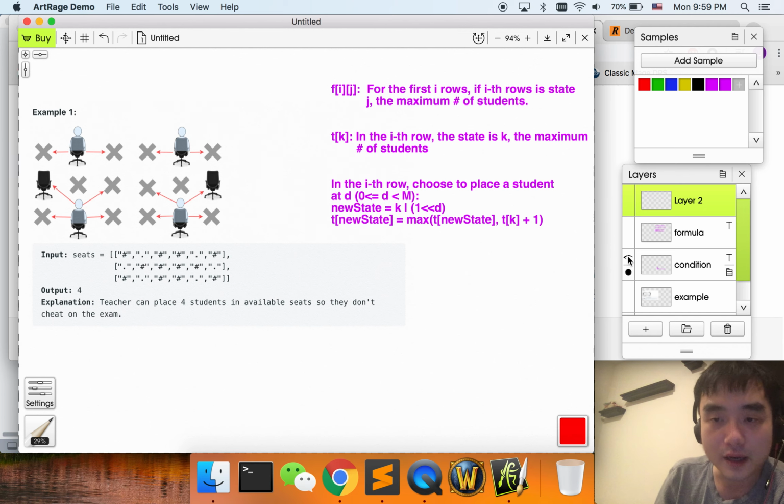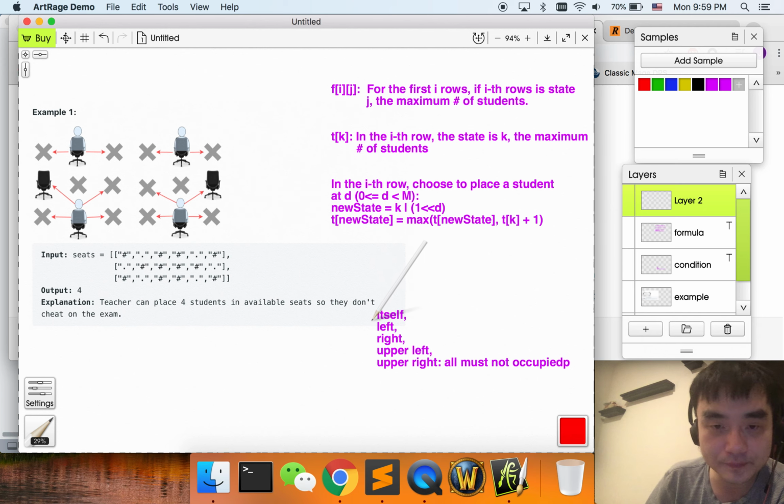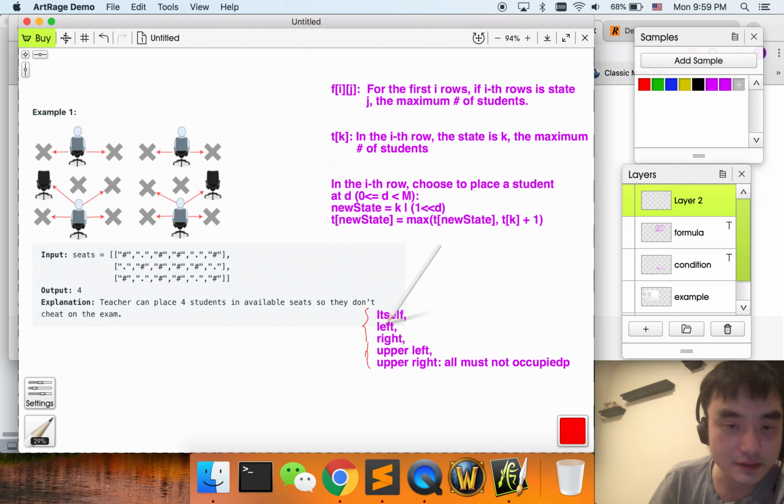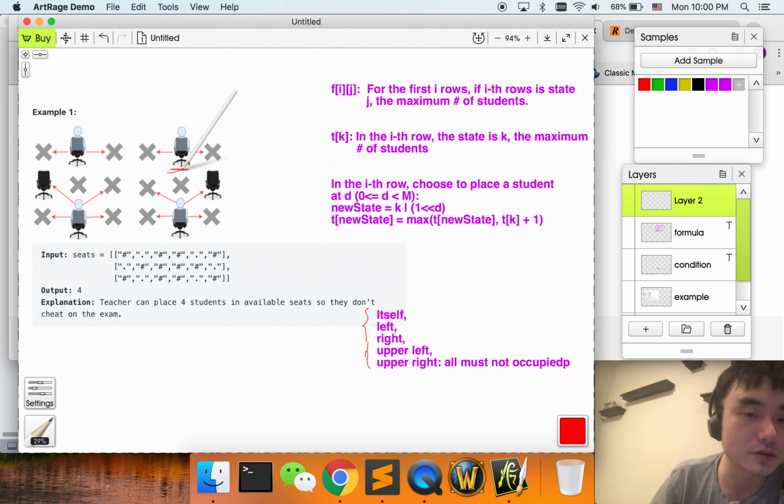And to be cautious, we have to make sure we put a student at a good place, right? How do we ensure that? So first, we need to make sure that for the current state, there is no student already occupying this place, right?